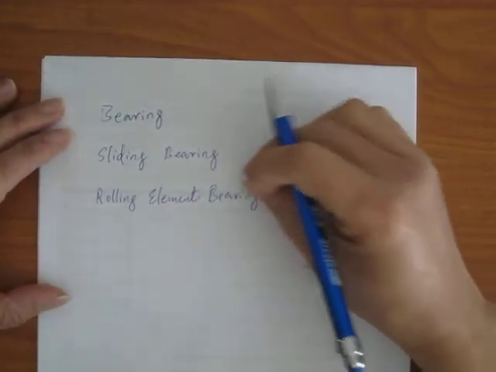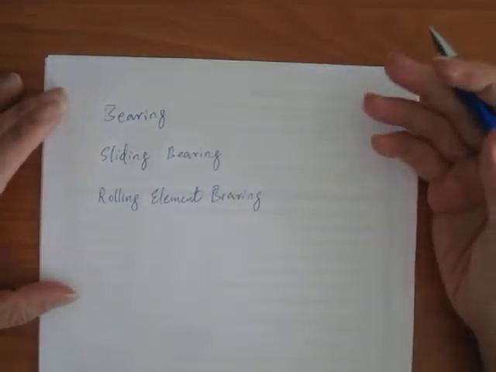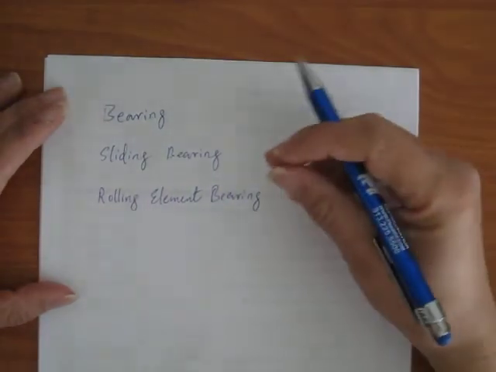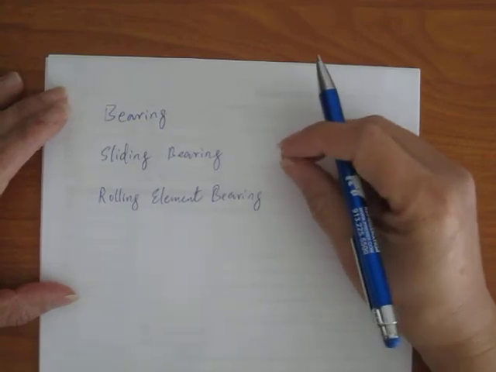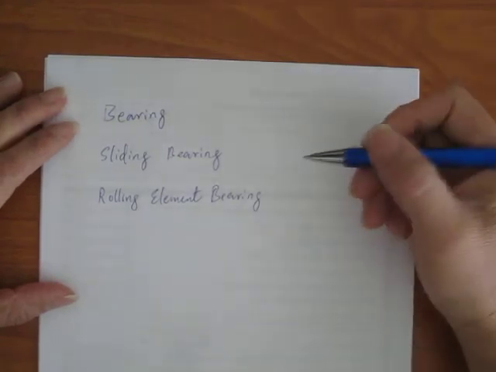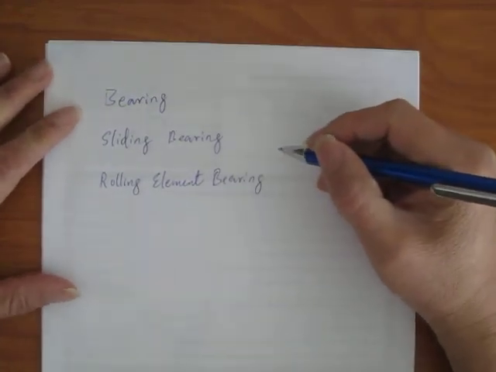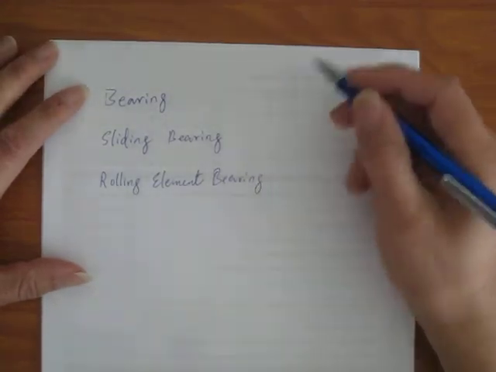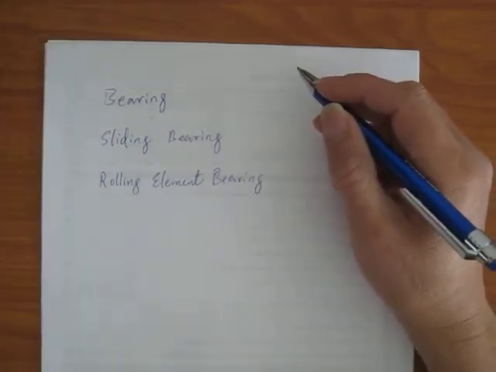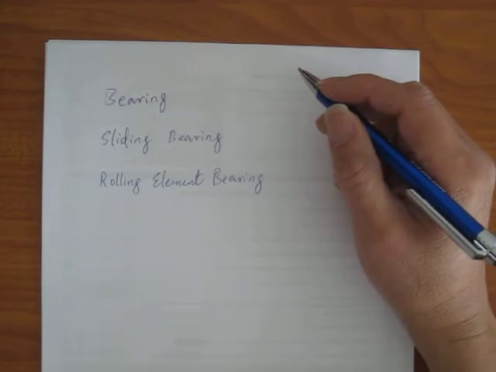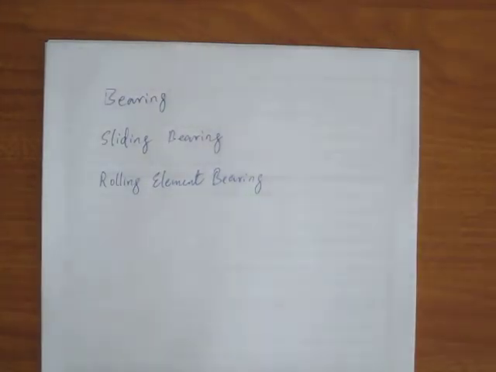In those two big categories, we also have two big types: one is just the normal actual bearing, and another one is the thrust bearing.